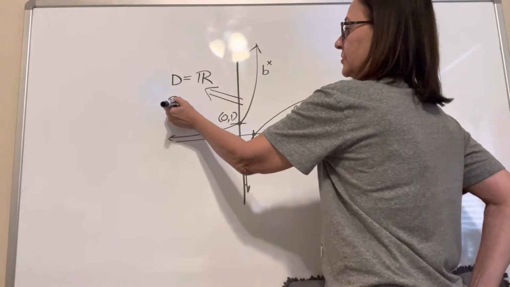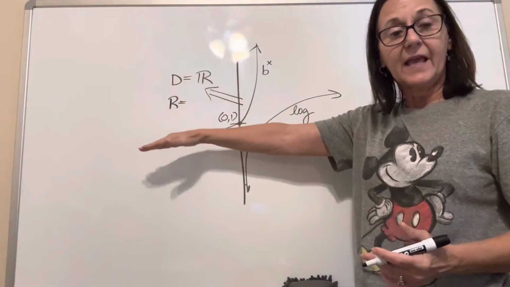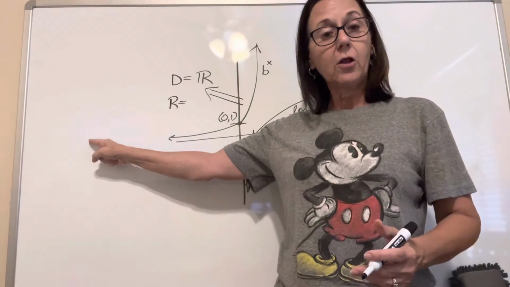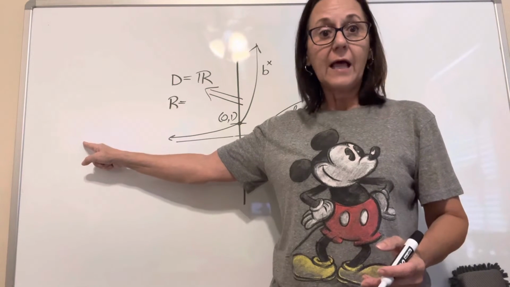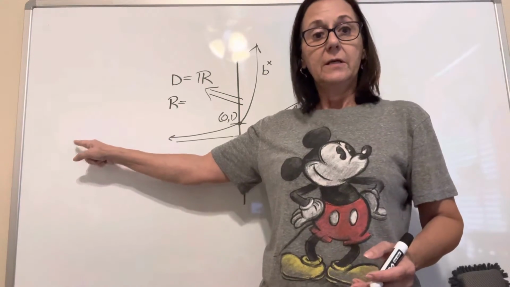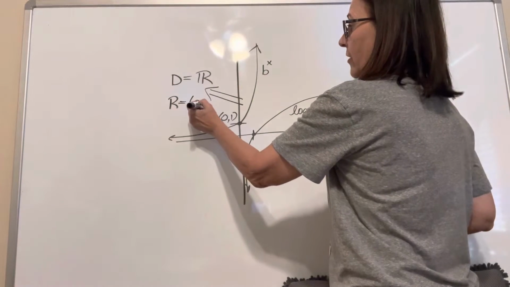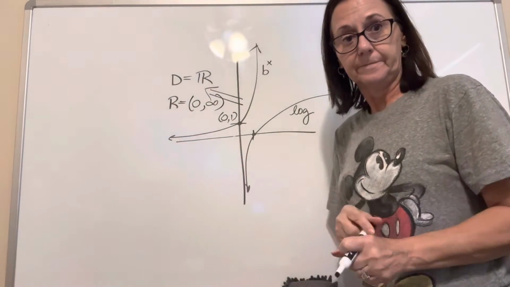My range was only above the x-axis, so that as x approached negative infinity, it got closer and closer to 0. There's a horizontal asymptote at y equals 0. So my range is from 0 to positive infinity, but it never equals 0.